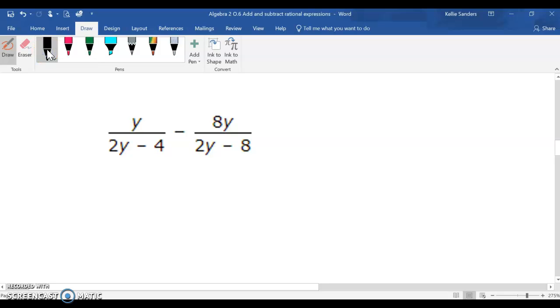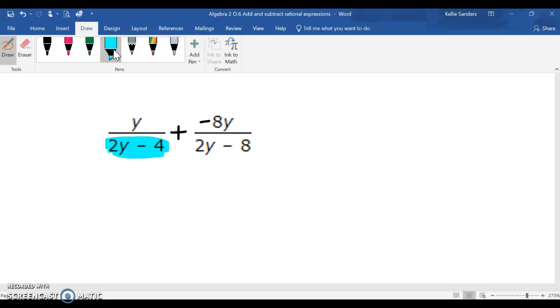Alright, we are going to make that negative a positive and make that 8 a negative. Now, let's see. And honestly, this is because I've done this for 30 years and stuff. I can see what's happening.